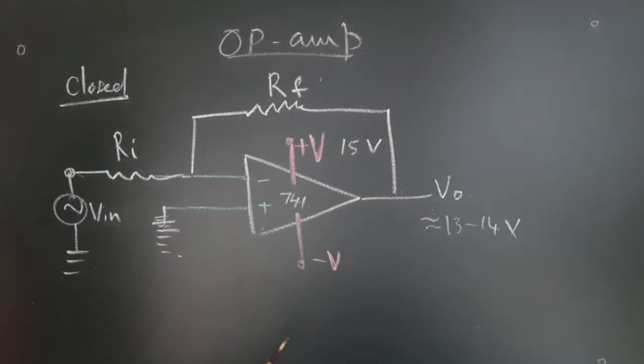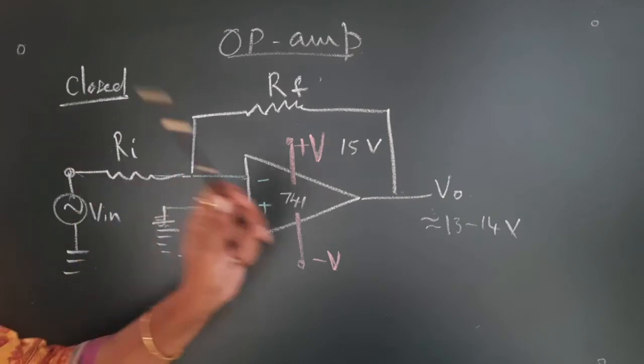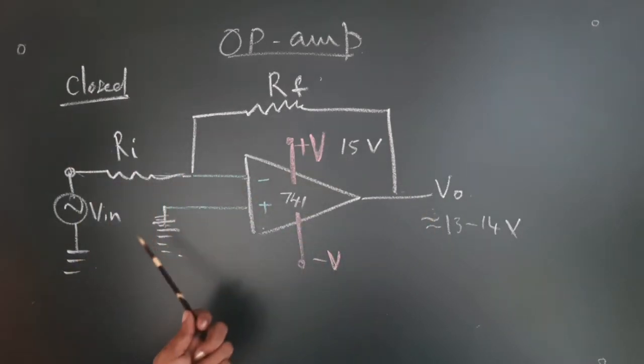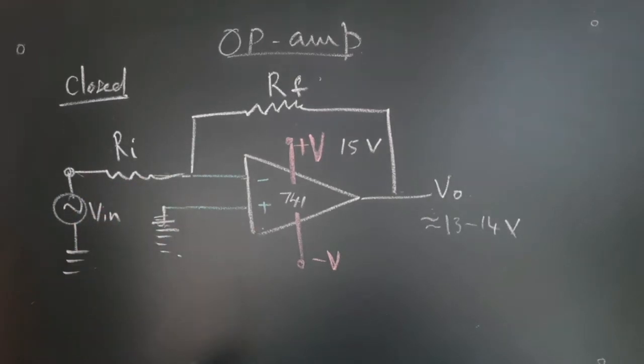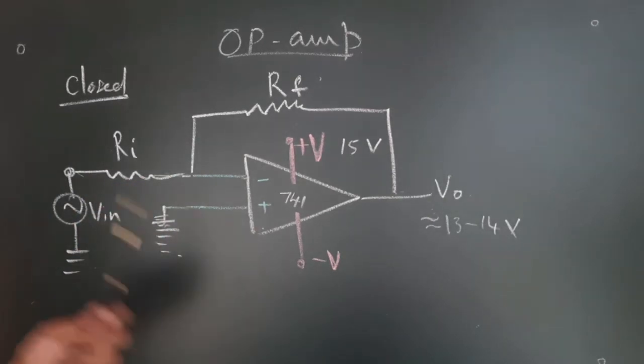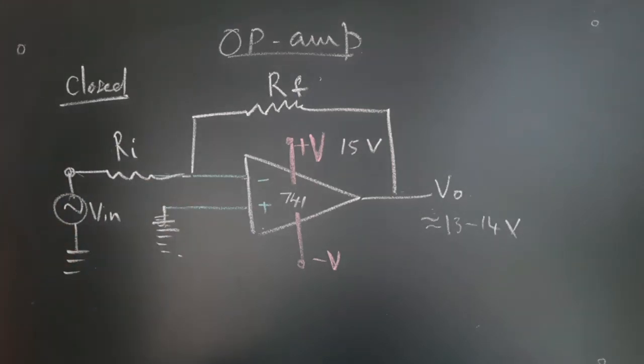We have already learned what the advantages of negative feedback are. It will increase the input impedance, it will decrease the output impedance, it will increase the bandwidth, of course it will reduce the gain. So, all these advantageous properties of negative feedback can be attained here.